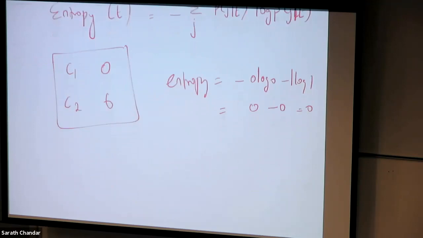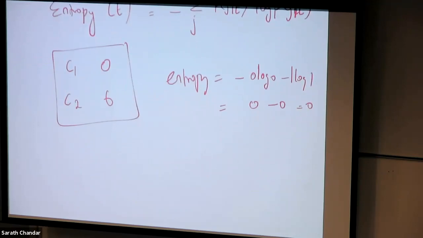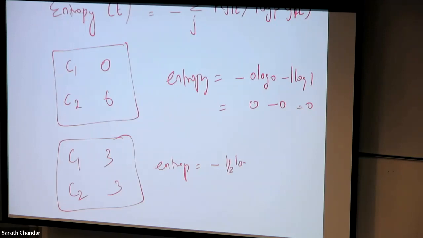Okay, now, 0 is the best thing that you could achieve with entropy. Now let's consider C1 is equal to 3, C2 is equal to 3, which is the worst possible configuration, right? So now entropy is defined as minus 1 over 2 log 1 over 2, again minus 1 over 2 log 1 over 2.